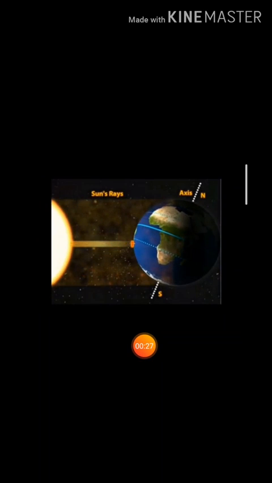Here, the rays of the sun fall straight on this zone and it is the hottest zone of the earth. Here, the summers are extremely hot and even the winters are warm. Temperate zone. The temperate zone receives the slanting rays of the sun, so this region receives lesser amount of heat as compared to the torrid zone.